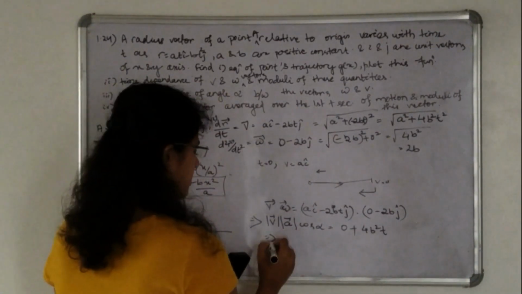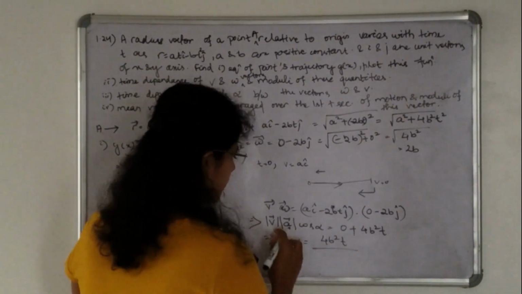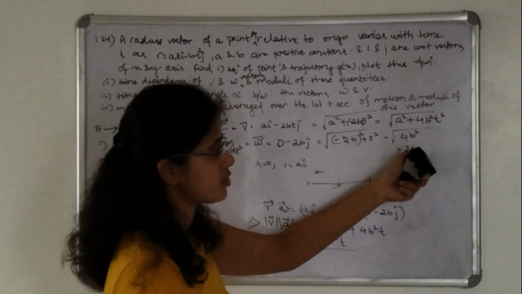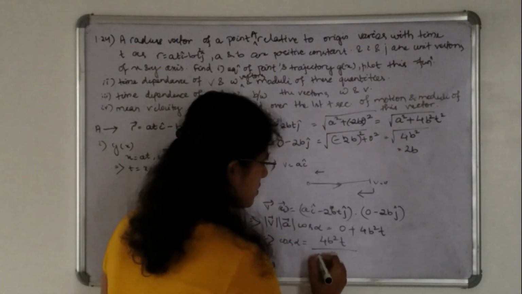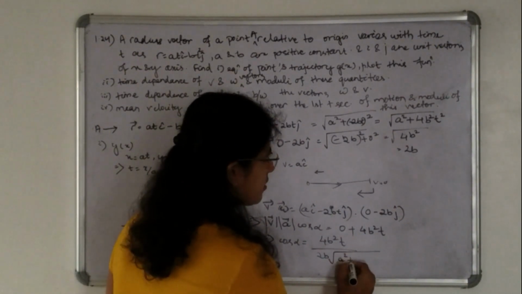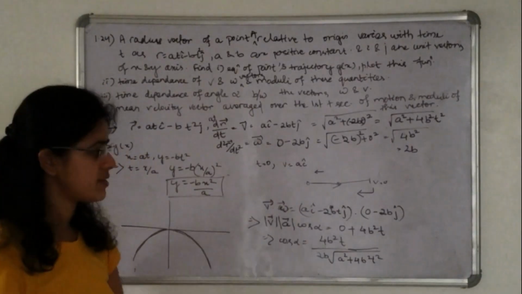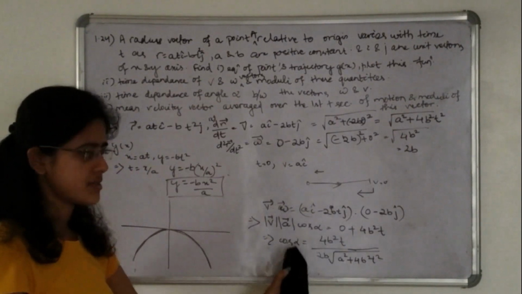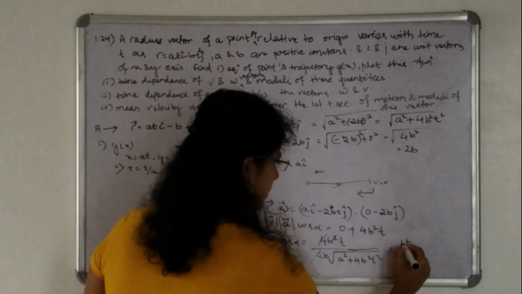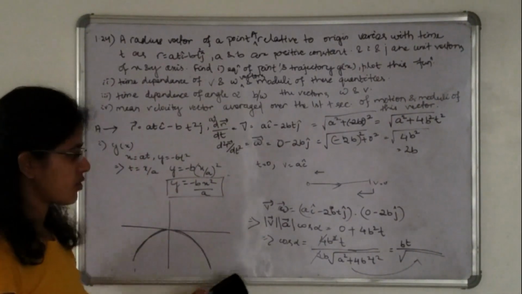Okay, so cos alpha is how much? 4b square t divided by modulus of v into modulus of a. The modulus of v is this much and the modulus of a is this much, so this will be 2b into root over of a square plus 4b square t square. So cos alpha is this, and alpha is cos inverse of this.